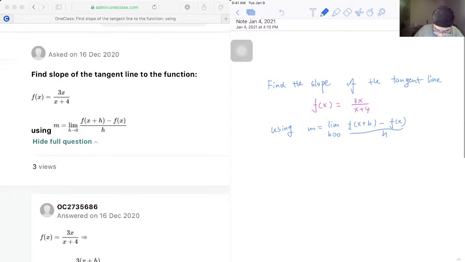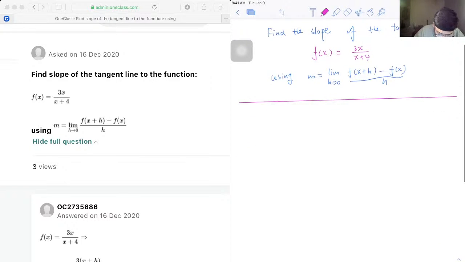The first thing we need to do is rewrite this as f(x) equals 3x over x plus 4.